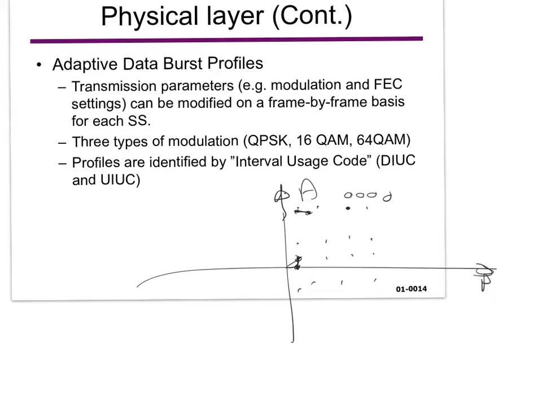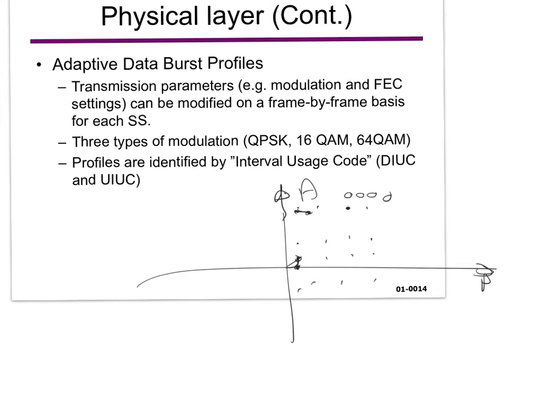If the channel is bad, then you have to lower this modulation level, which will force you to lose some throughput. But I have to do this in order to maintain the probability of error within a certain level. Because if I don't do that, I will end up with a high probability of error. So I will send data, and the data will become incorrectly decoded at the receiver side, which means that the transmitter will have to retransmit.